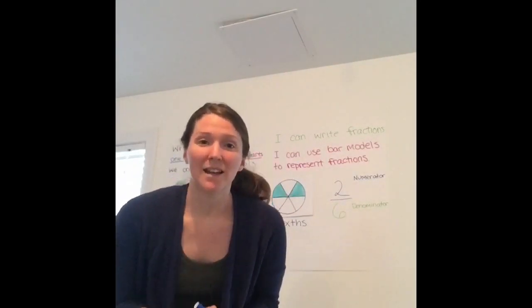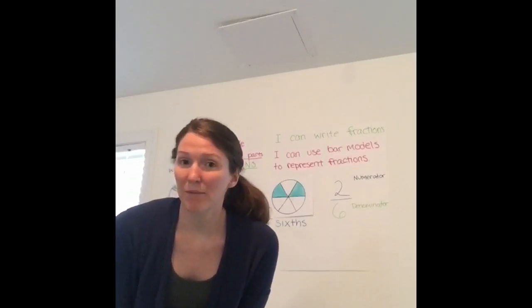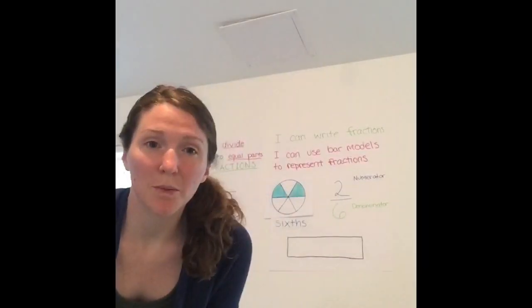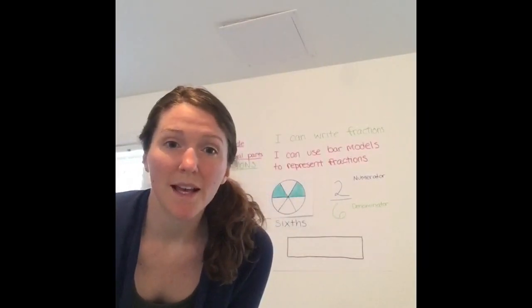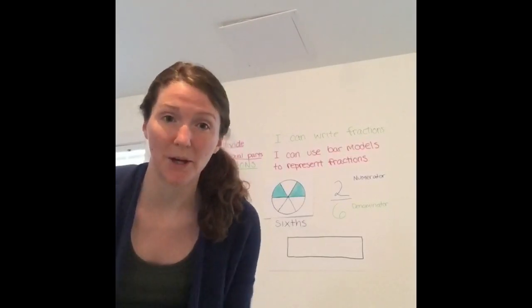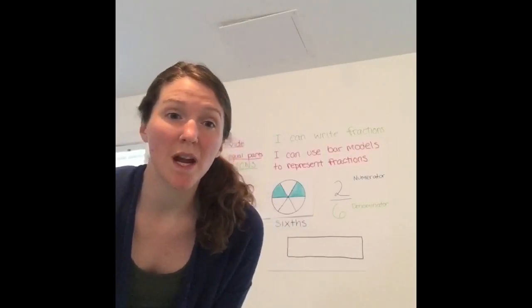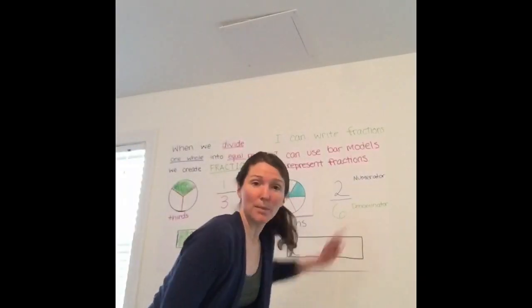All right, now we are going to draw a bar model to represent 2 sixths. So the first thing we do when we draw a bar model is we draw our whole. Our whole is a rectangle, a bar. All right, now we need to divide that whole into 6 equal parts, right?